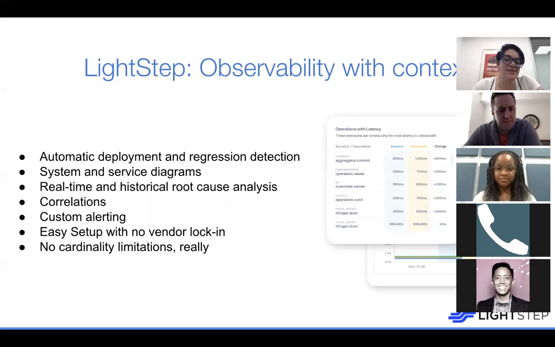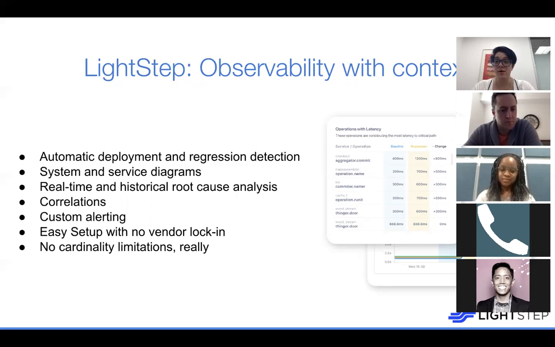So you should be able to see with Lightstep automatic deployment and regression detection. That way, when you deploy, if something has gone wrong, or maybe not wrong, maybe just different. Most developers will probably know what I mean. Things didn't crash, but they're not going great, so they're a little unexpected.